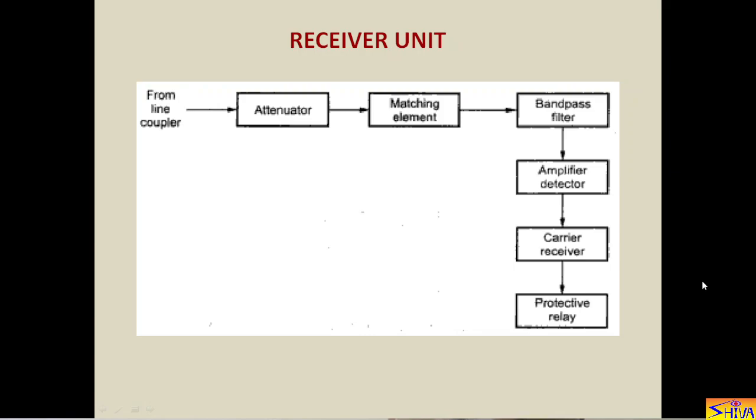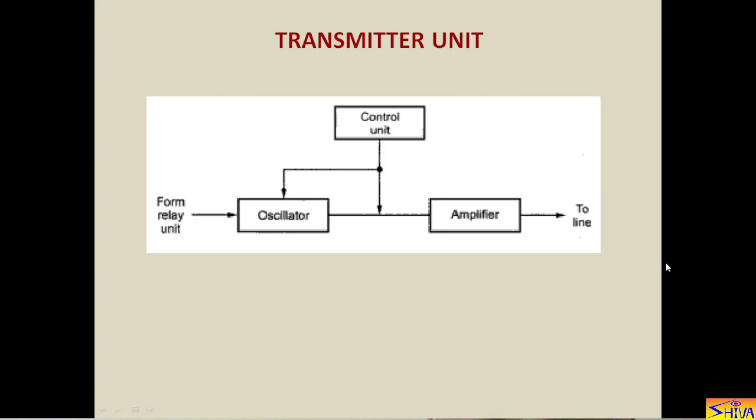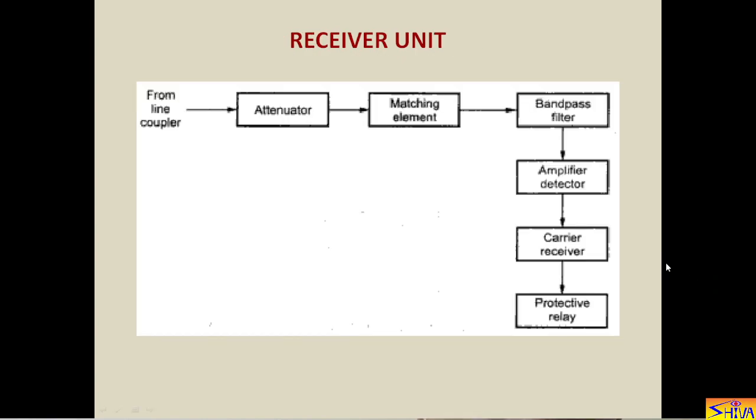So this is all about the components of the carrier current protection scheme: line trap, wave trap, then electronic components which consist of transmitter and receiver. The transmitter consists of control unit, oscillator and amplifier, whereas the receiver unit consists of attenuator, matching element, band pass filter, amplifier, amplitude detector, carrier receiver and protective relay.